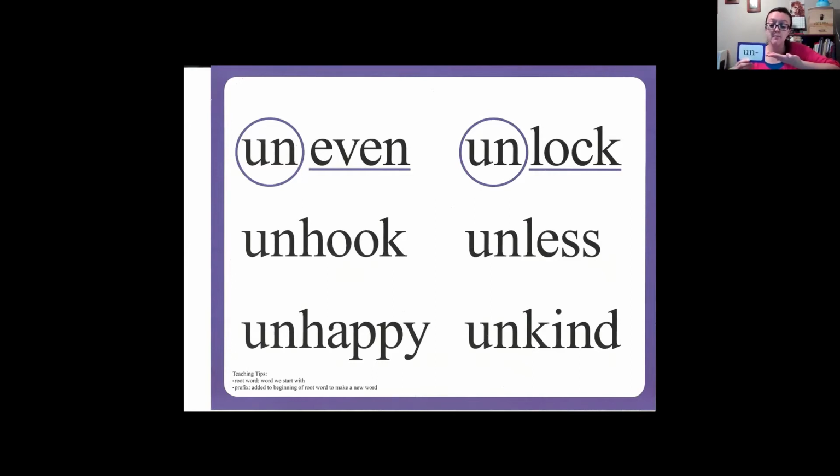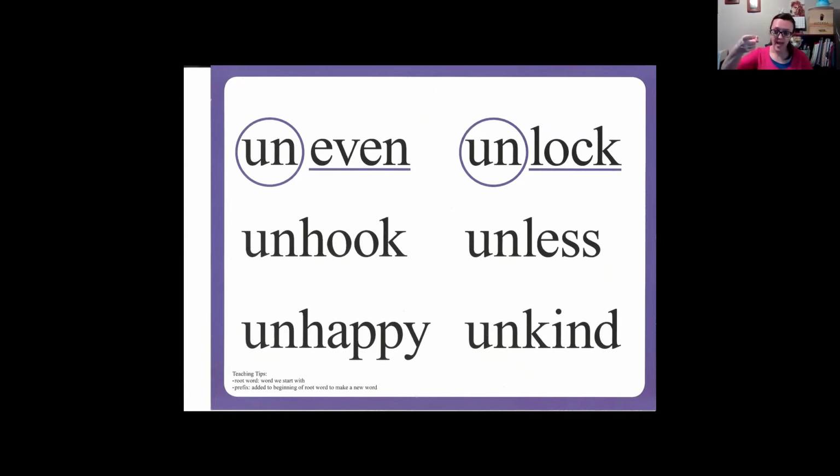Unlock means the opposite. You could also say not locked. If the door is locked, then unlock means the opposite. Lock, unlock.